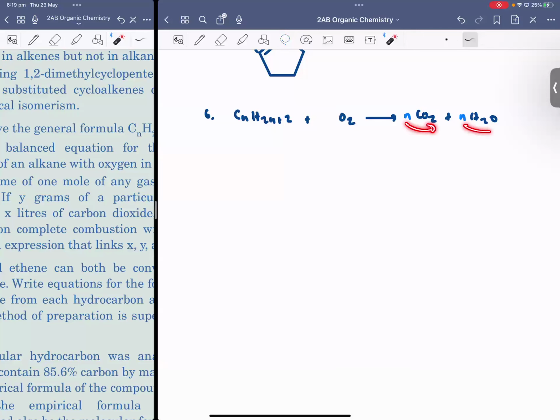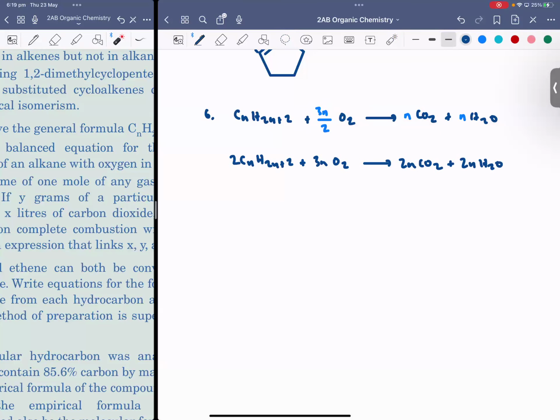Okay, nO2 plus another n. So that's like 3n. So then 3n on 2. And then if you want, you can times everything by 2. So what does it become? CnH2n+2, we're timesing it by 2, plus 3nO2 becomes 2nCO2 plus 2nH2O. Yes?